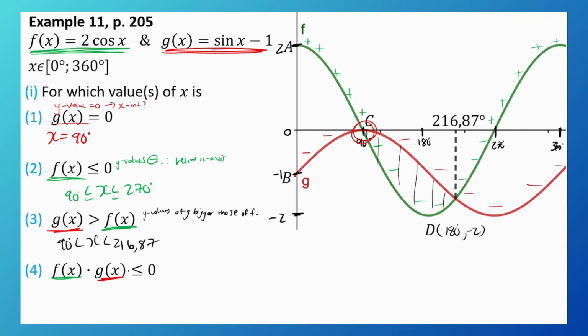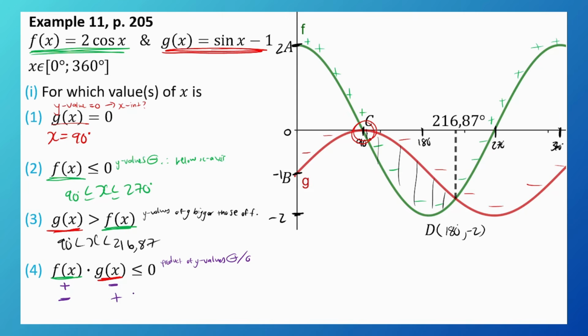And then here's everyone's favorite one. So they're asking, where's the product of the y values negative or 0? So in other words, where's f positive or 0 and g negative, or f negative and g positive?